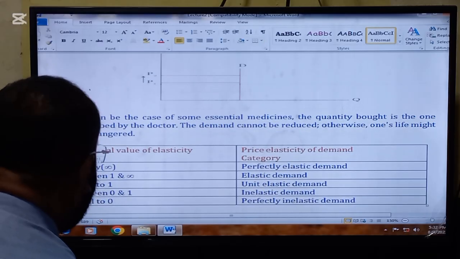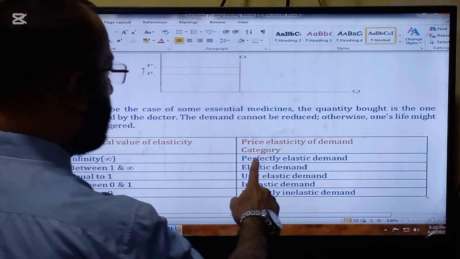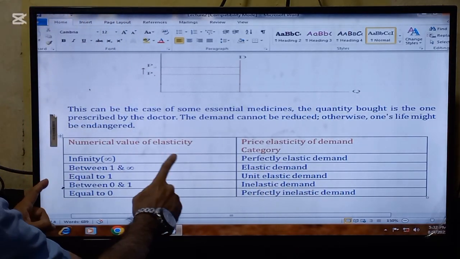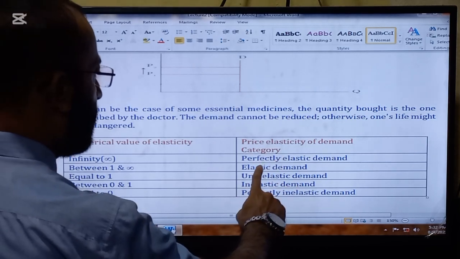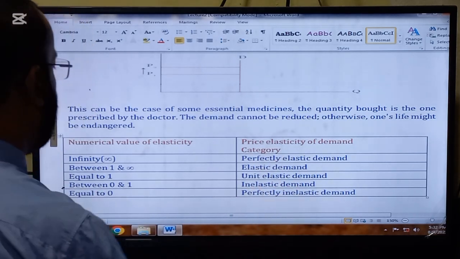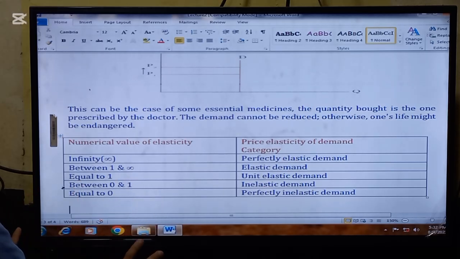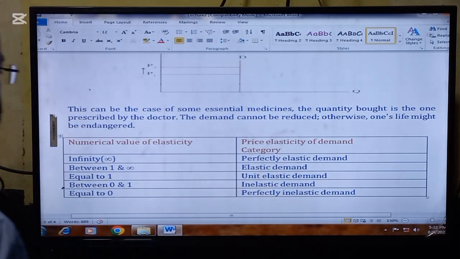And this is a very important table. Numerical value of the elasticity, and here is the price elasticity of the demand category. If the numerical value of the elasticity is infinity, the price elasticity of the demand category will be perfectly elastic demand. If it is between 1 and infinity, it will be elastic demand.